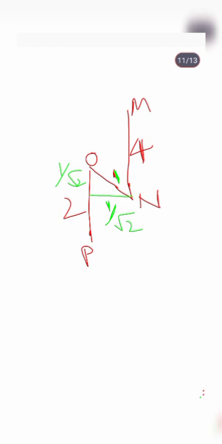Now we extended this line to here and joined it, so this will also be 1 by root 2. Overall it was 2, so the left portion will be 2 minus 1 by root 2, so this line will also be 2 minus 1 by root 2.